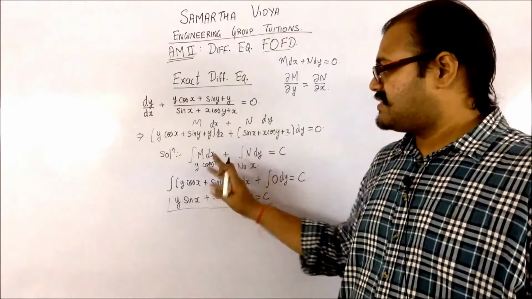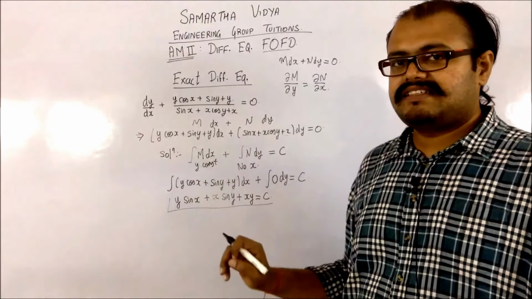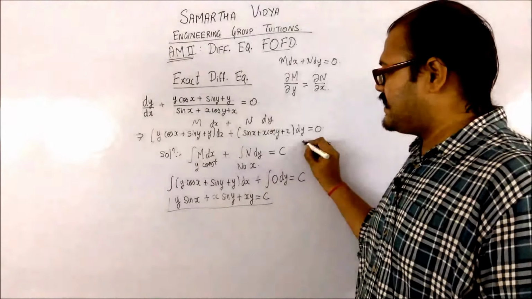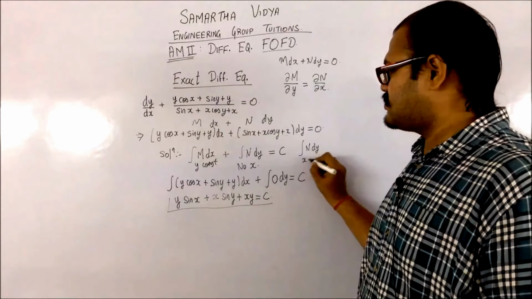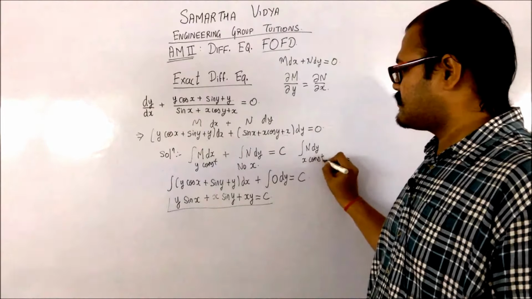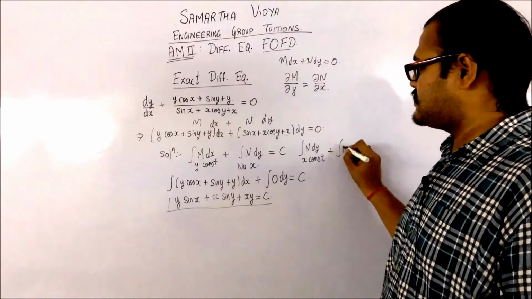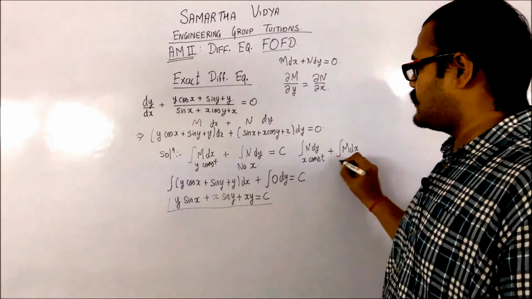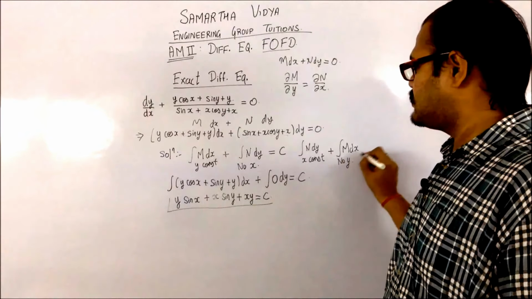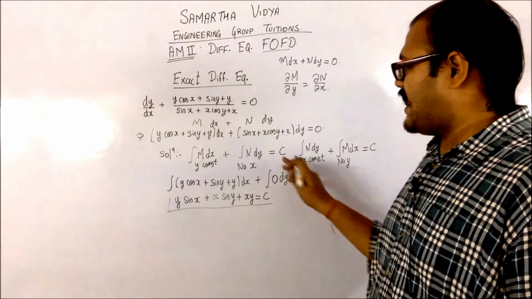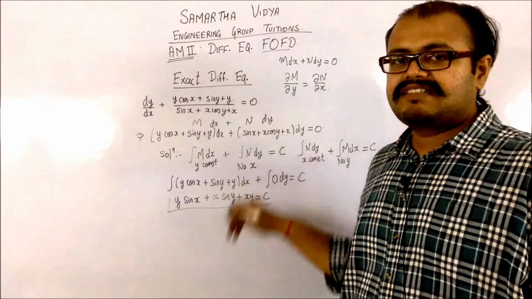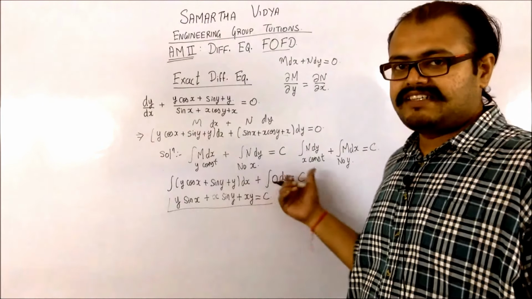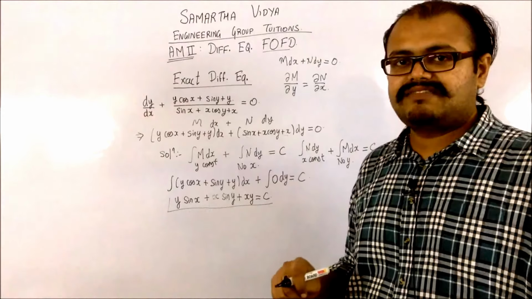Now this thing can be reversed. It can also be written in this format, that is integration of n dy with x constant plus integration of m dx with no y is equal to c. So either of the equations can be used, depending on which is going to be the easier way to find the integration, because integration is quite difficult.